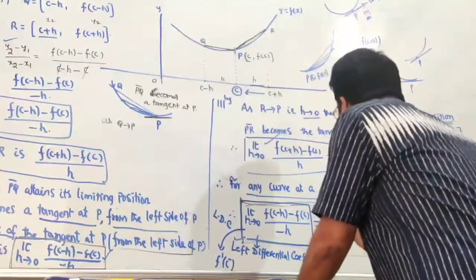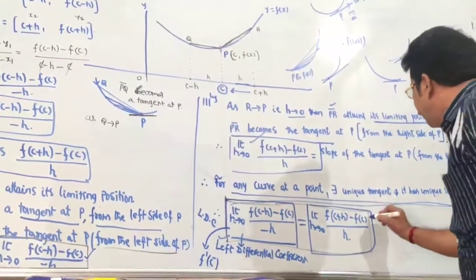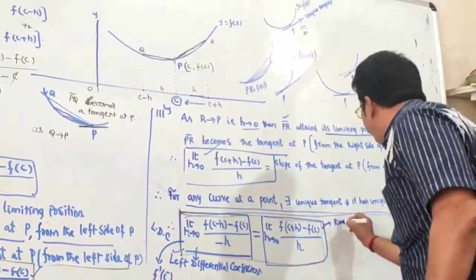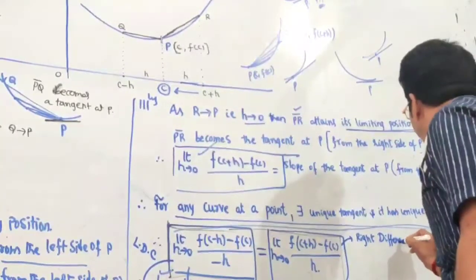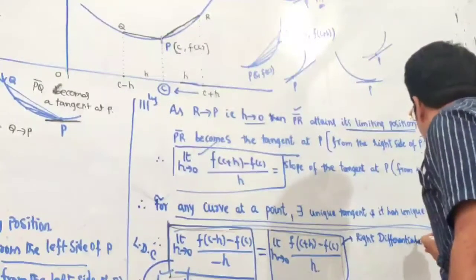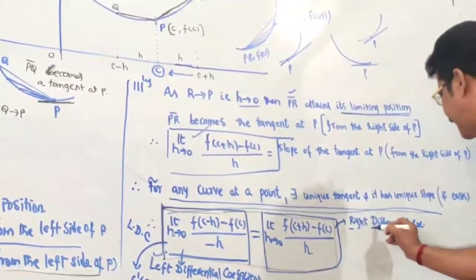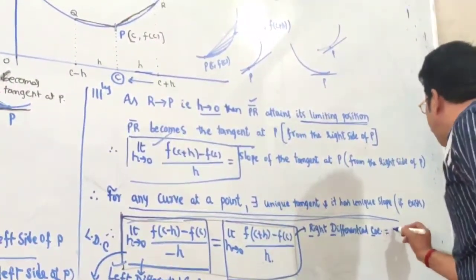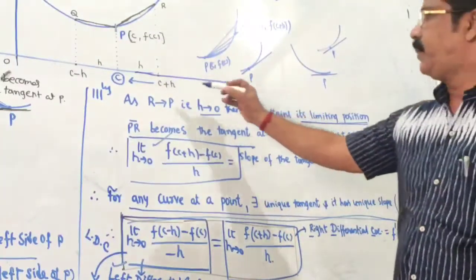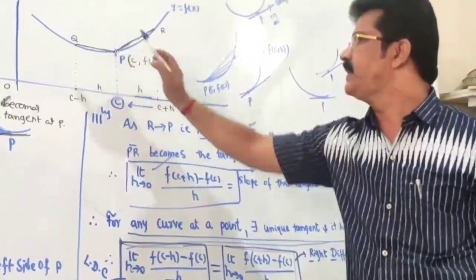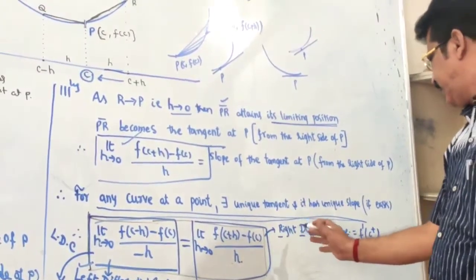Next, this right value, this limiting value, is called the right differential coefficient, simply RDC. It is denoted by f dash of C plus. C means at point C, and plus stands for the right side direction.